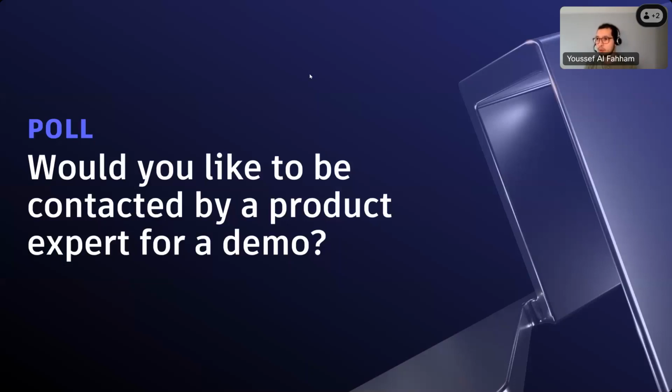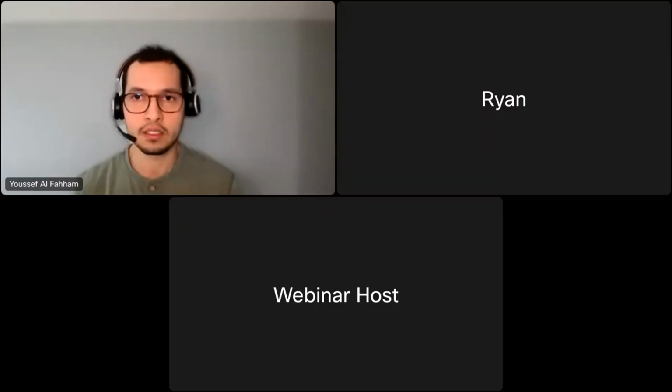So the final poll question is, would you like to be contacted by a product expert for a demo? That poll question should show up shortly. Is the poll active or not yet? Can we activate the poll? All right, just give me a second.